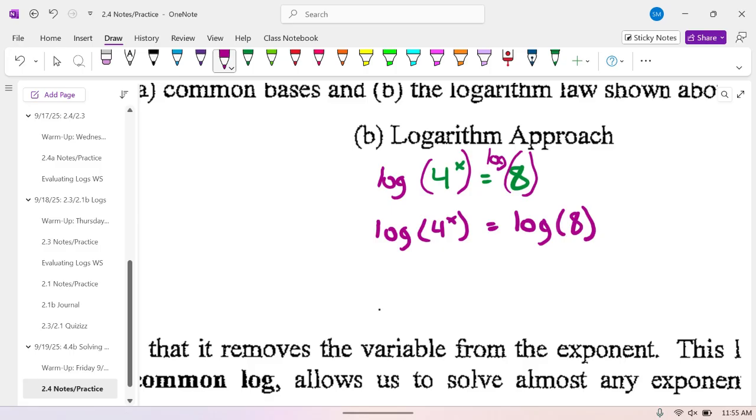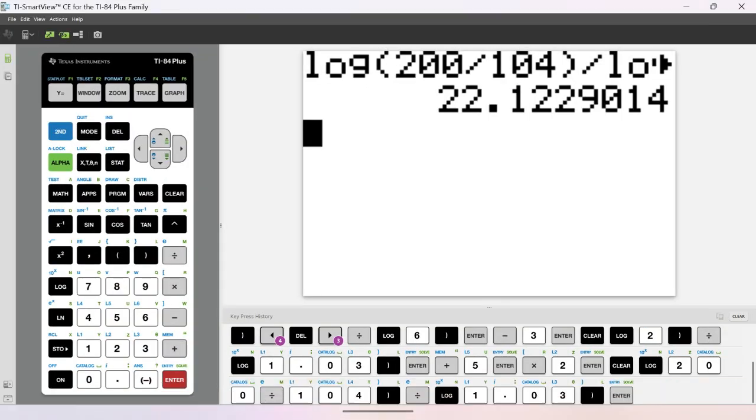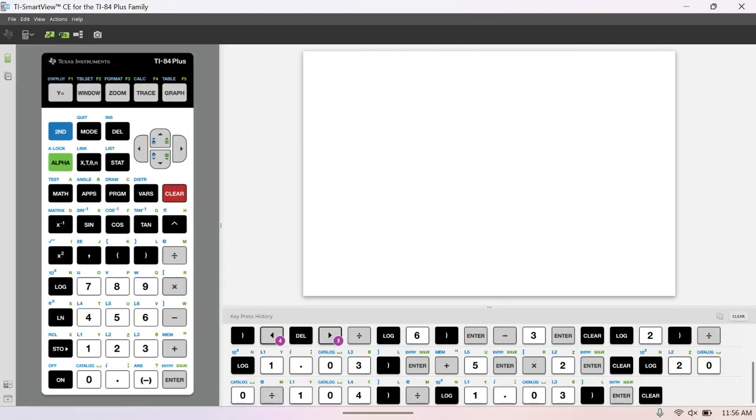All right. Now, something else I need to make clear. Log of 8 is a number, and we're going to treat it as such. It's kind of similar to, say, the square root of 2. It's a number, but it's a gross number.